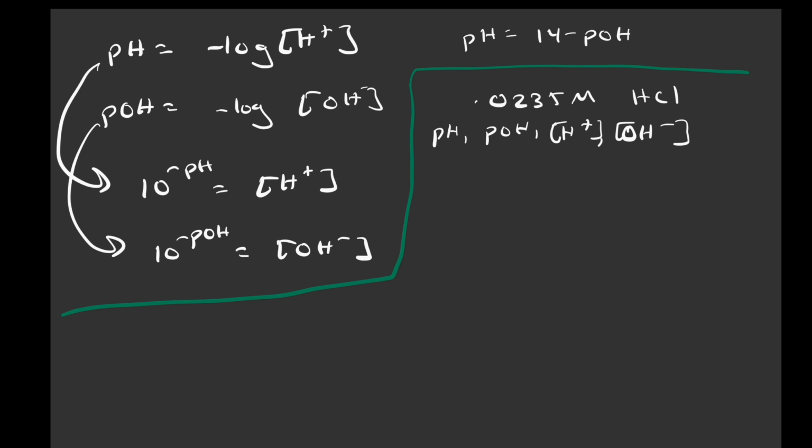That means pH is just the negative log of that. So pH is equal to negative log of 0.0235, which is 1.6289321. It goes on a little bit more.